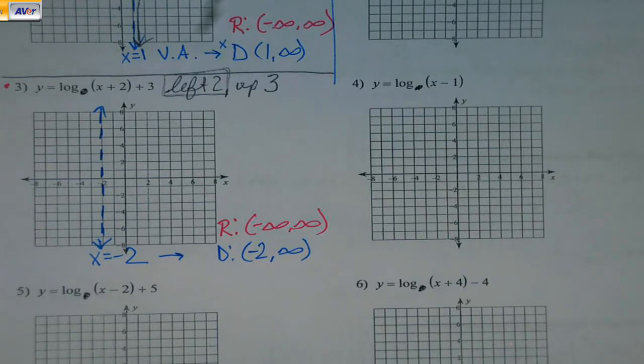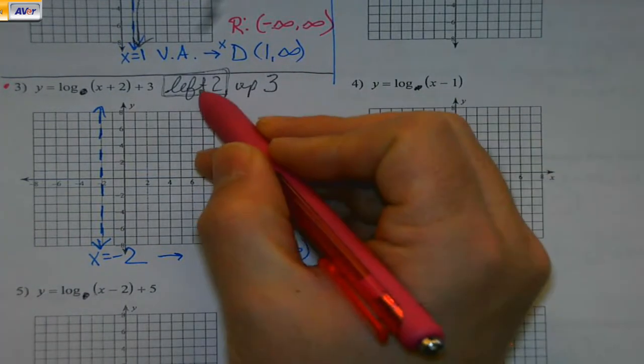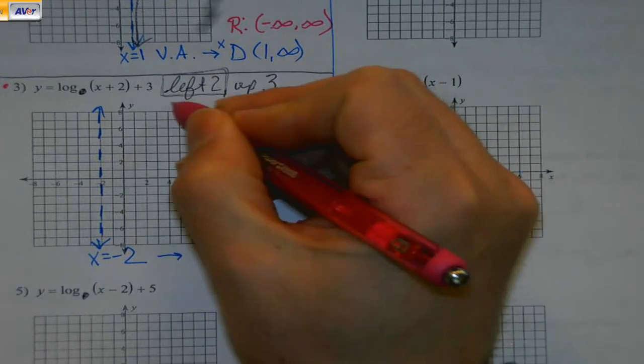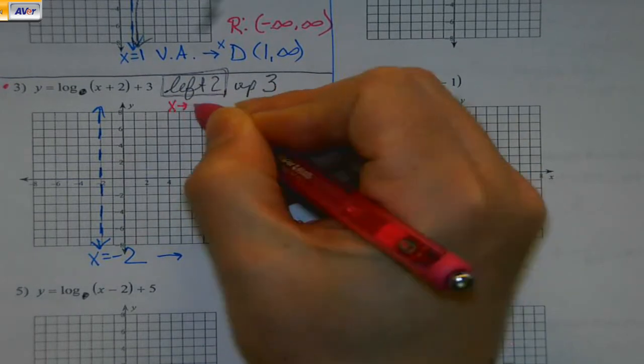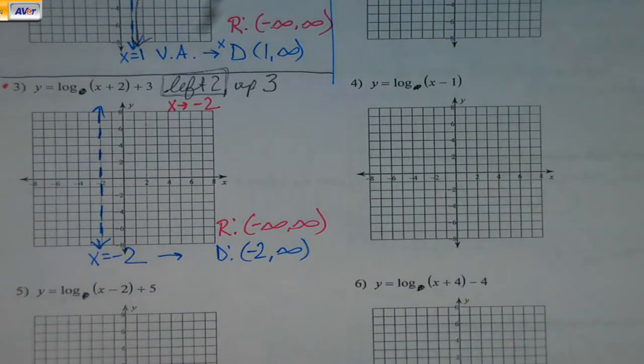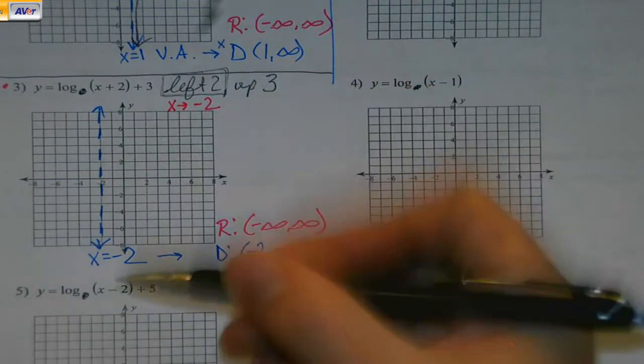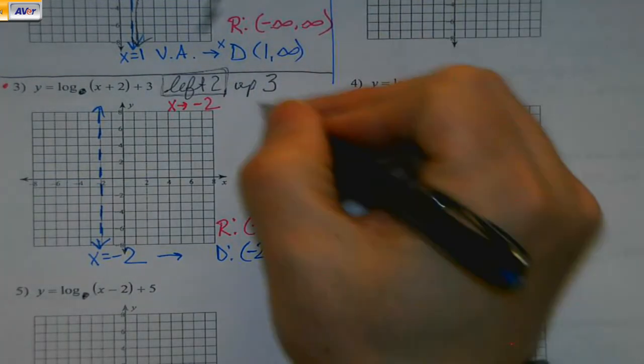So at this point, we've knocked out all the important stuff. I just need my 2 points to make my graph. So I go back and I go, okay, left 2 has to do with my x's. So with my x, I'm going to be minusing 2. And up 3 goes along with my y values.